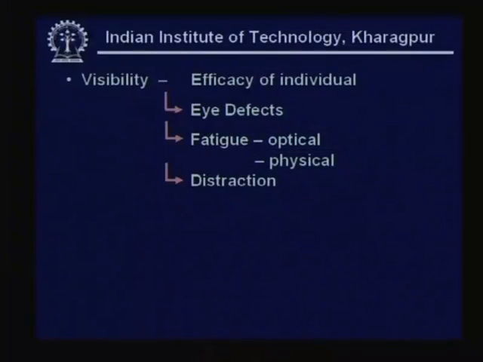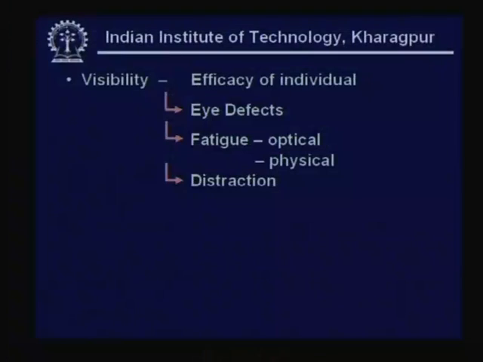Now, finally, the visibility will certainly depend on the nature of eye defects one has, and apart from the defects there is what is called fatigue. The fatigue can be physical, could be optical, and the third factor that may hamper your visibility is distraction.